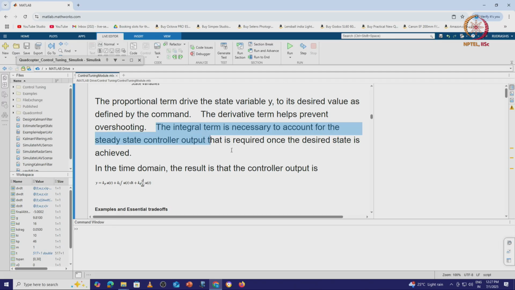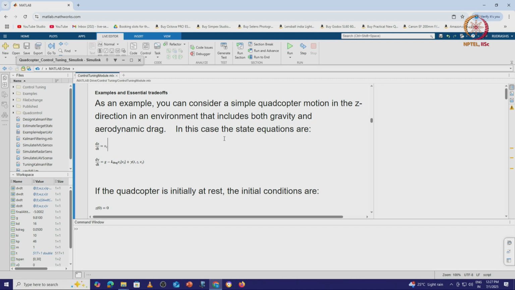So you have these three, but they are interactive. If you increase KP or KD, that will also have a combined effect. So what you need to look at, when you run the system and see the output, is whether it is as desired.